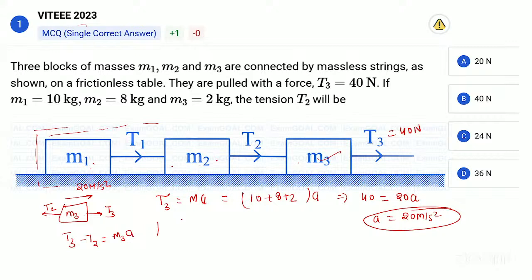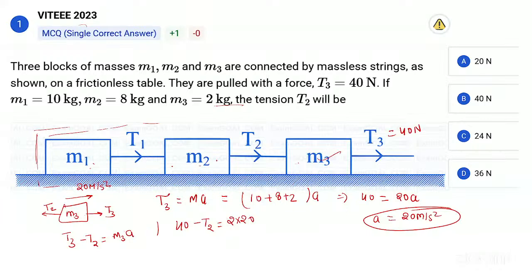T3 minus T2. The value of T3 I already know, this is 40 Newton minus T2, which we have to calculate. M3 is nothing but 2 kg, so this is 2 into the acceleration. According to this situation, am I doing something wrong or not?